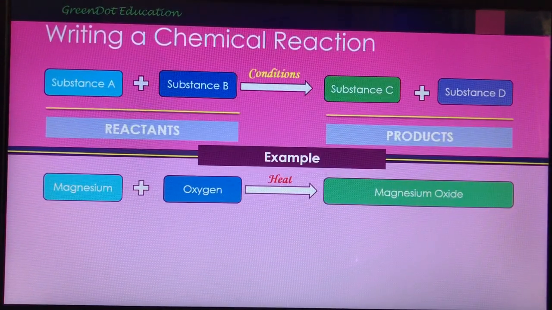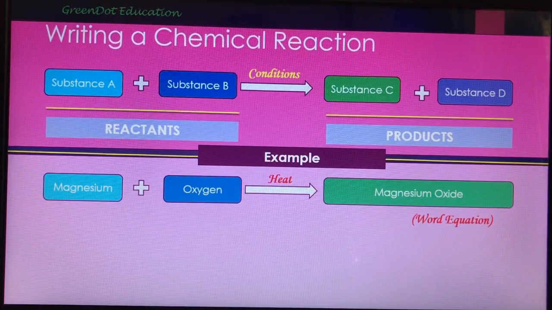This substance is white and powdered in form. Now this method of writing an equation is known as a word equation because we have used words instead of the elements, right? Is there another way or a shorter way to write this equation?